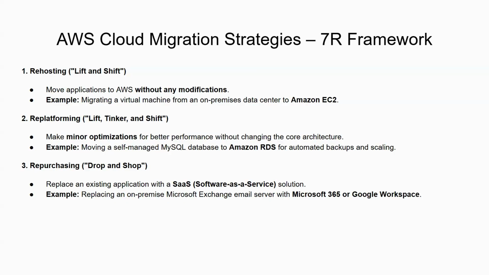And rehosting, migrating a virtual machine from an on-premises data center to an Amazon EC2 instance. We'll directly shift the complete application, we will just take that and use that service.